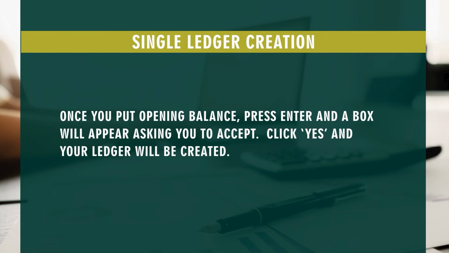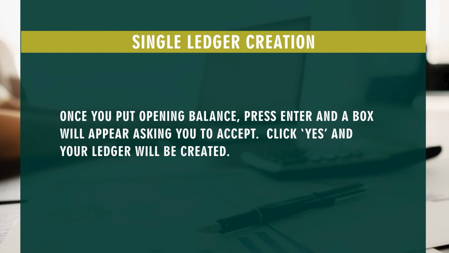Now you are satisfied and you have completed all the details while creating this ledger. You can press enter. If you press enter, it will ask you to accept it. Now you can either click Y from the keyboard, or you can take your cursor towards the yes and click on it. Once you click yes, ledger will be created.